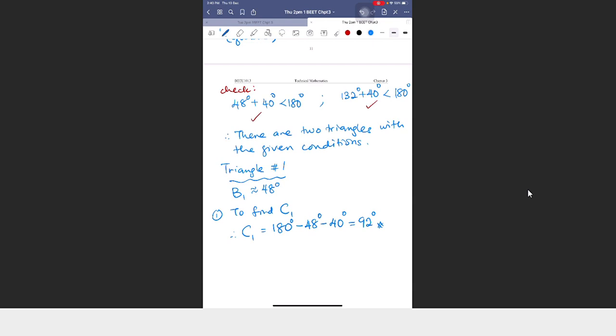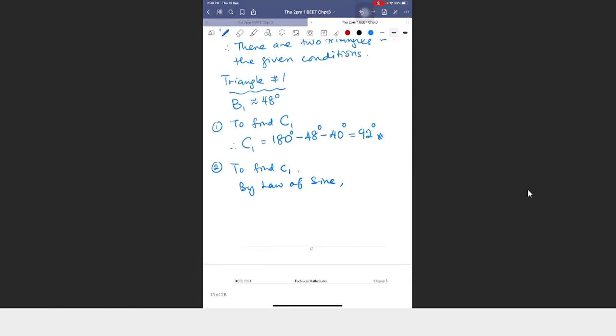Then the next step is I can find my missing length, small c1, by using the law of sine.